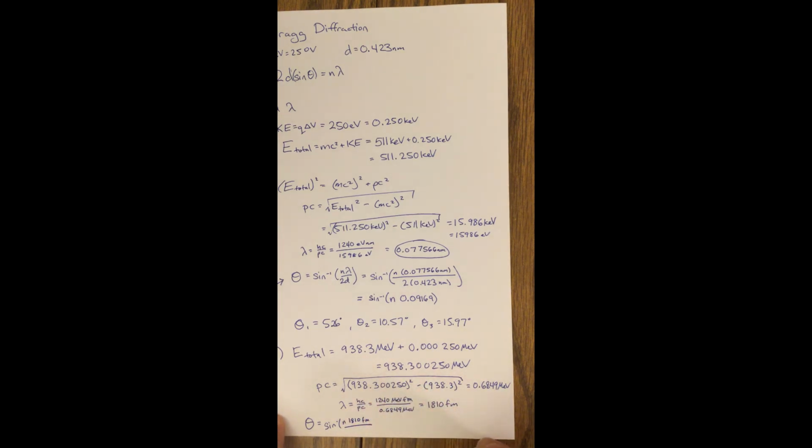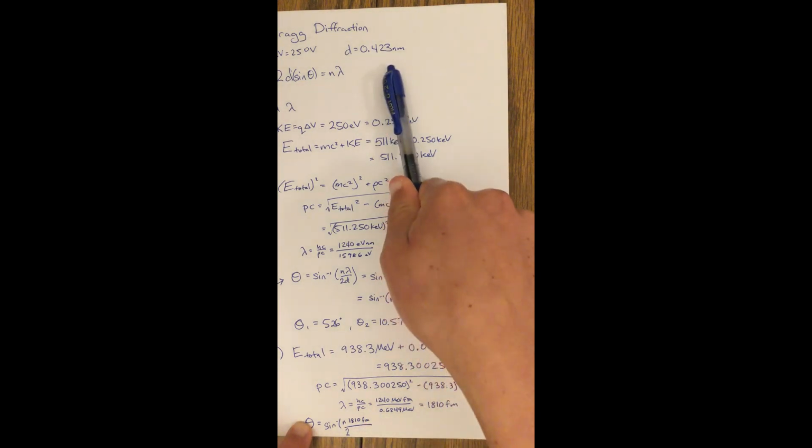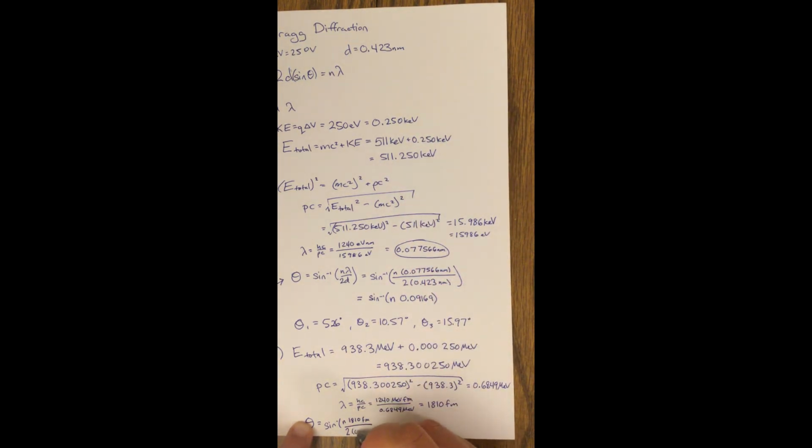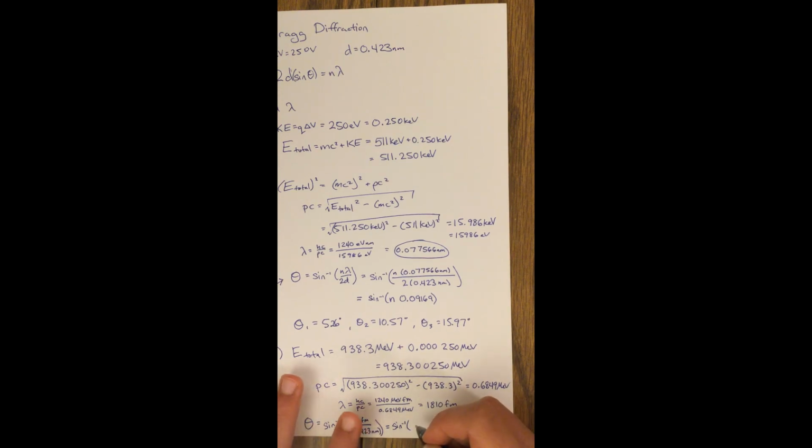Femtometers is times 10 to the negative 12th. Then we divide that by 2 times d. d is the same as what we had up here, so that's 0.423 nanometers. So it's 10 to the negative 12th in the numerator and 10 to the negative 9th in the denominator. And if we take care of that, we get the inverse sine of n times 2140 times 10 to the negative 6th.